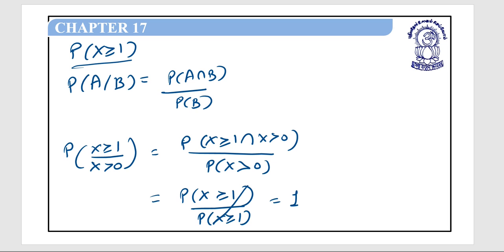There is a formula: probability of A given B is equal to probability of A intersect B upon probability of B. So here it is probability of x greater than or equal to 1 intersect x greater than 0, divided by probability of x greater than 0.